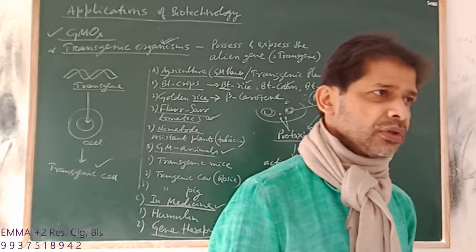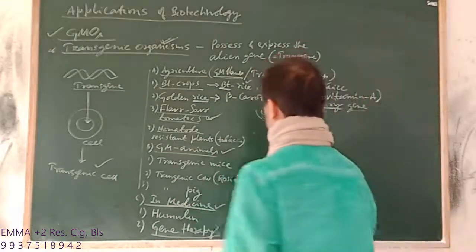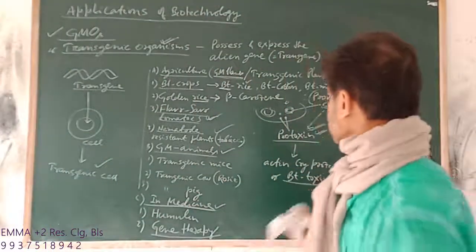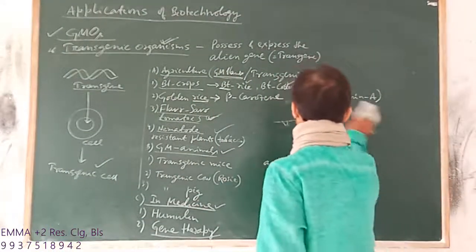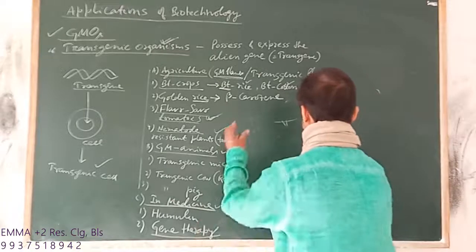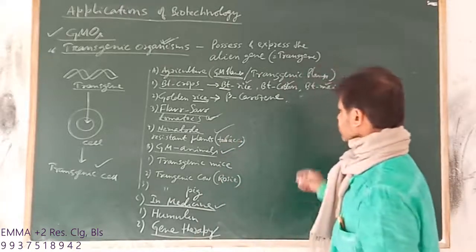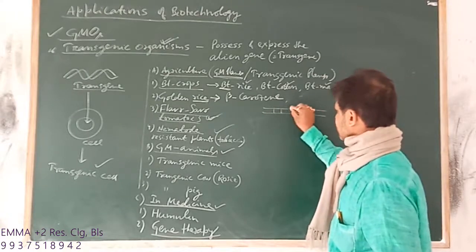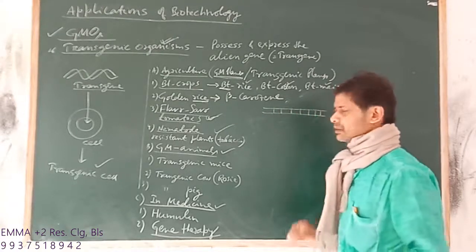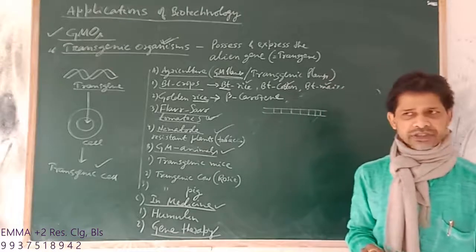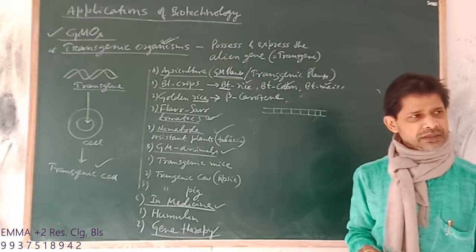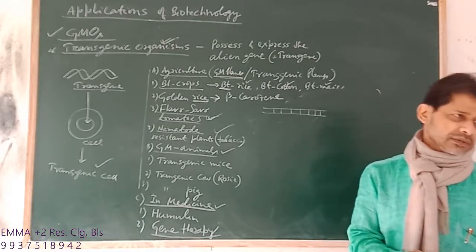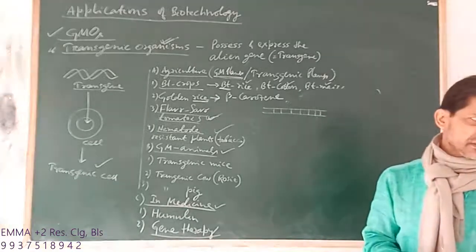So what we have to do to create this transgenic plant? We will introduce a nematode gene. Suppose this nematode gene, after introduction into a tobacco plant, disturbs the metabolic activity of the tobacco cell. That's why it is affected.